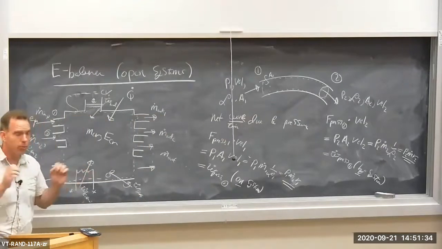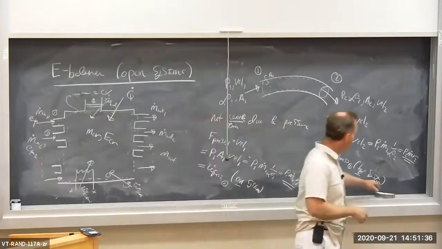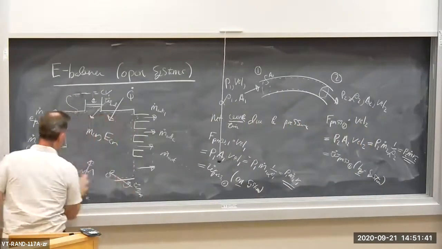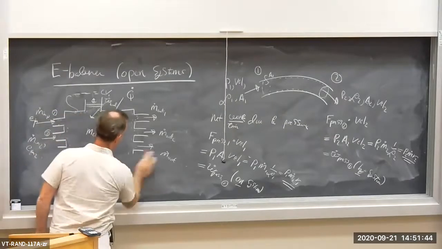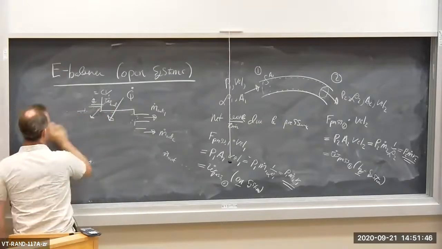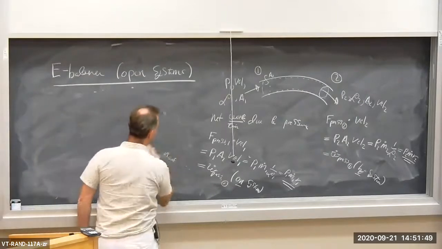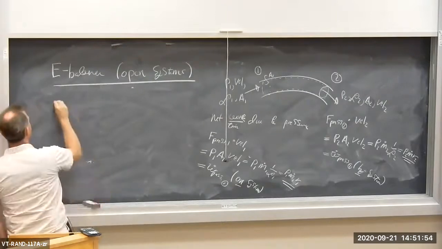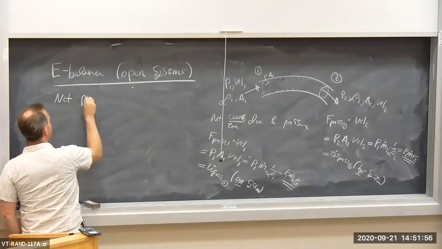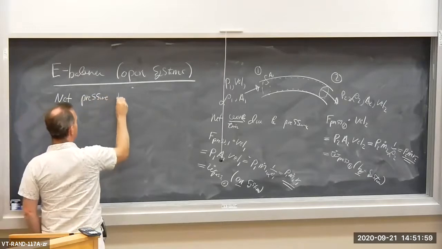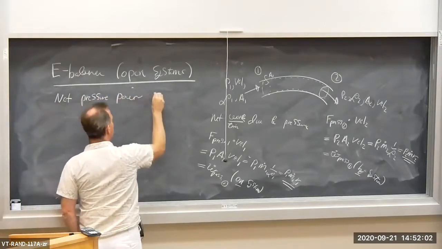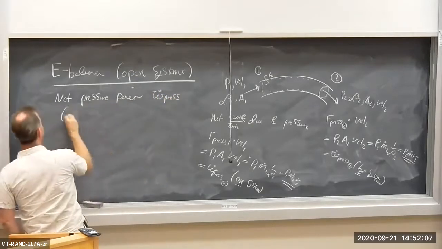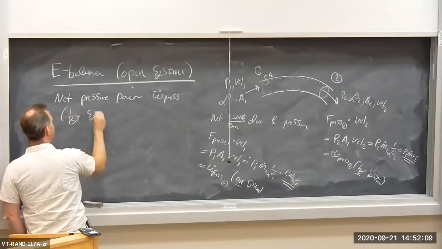Oh, before we do that, let's ask ourselves what the net work done by the system. What's the net power or net work per unit time done by the system due to pressure? Net pressure power, W dot pressure. And what I mean by that is by system.